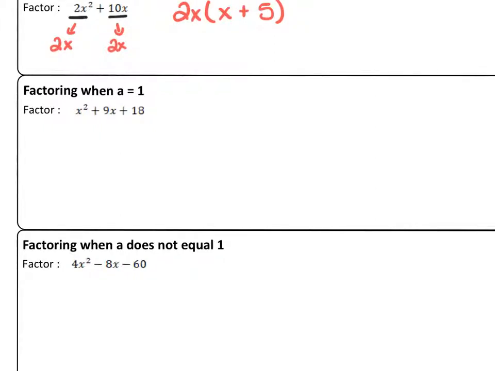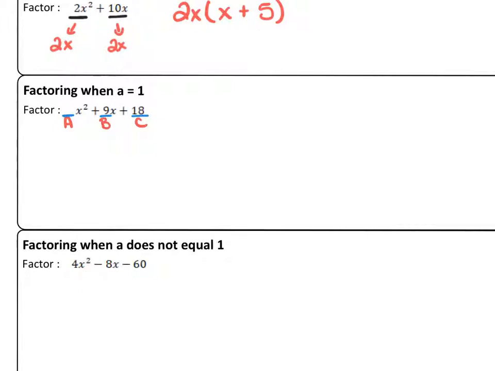The second thing is probably the one that's kind of harder. What I like to do first is label these A, B, and C, and this refers to the values that are in front of the variables. In this case, A is 1 because there's nothing there, B is 9, and C is 18.